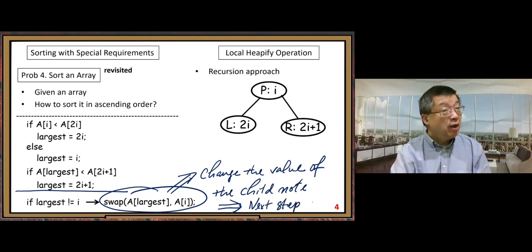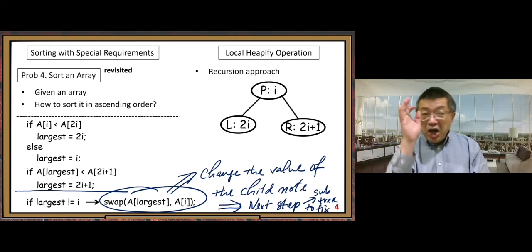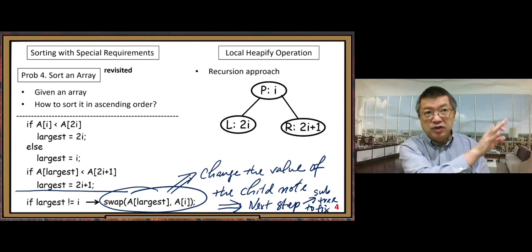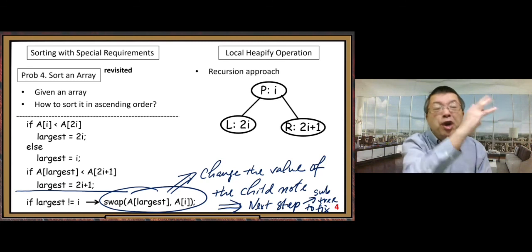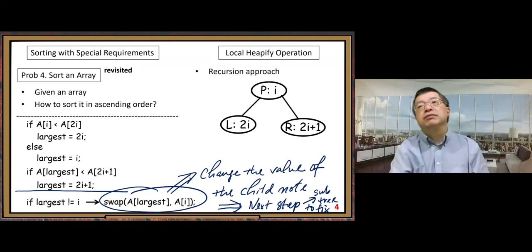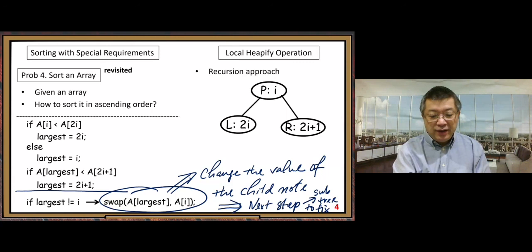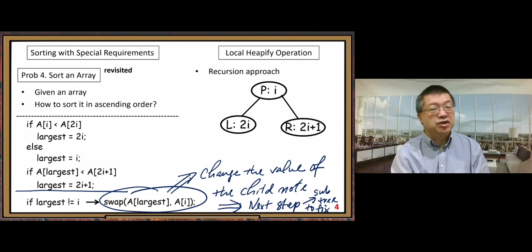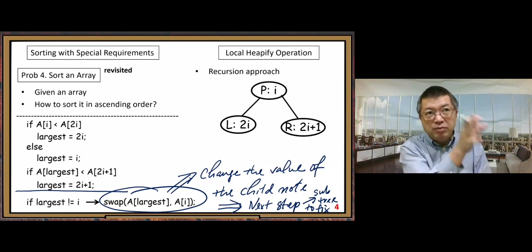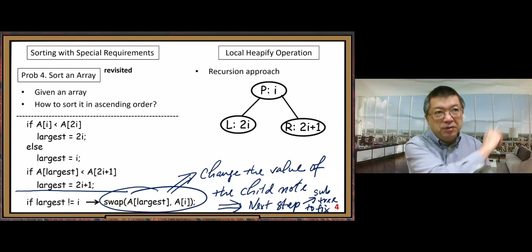Which subtree to fix. Because only when we change the value of the child node may we cause a new violation in that subtree. So that's why this swap operation tells us which subtree to continue the checking.